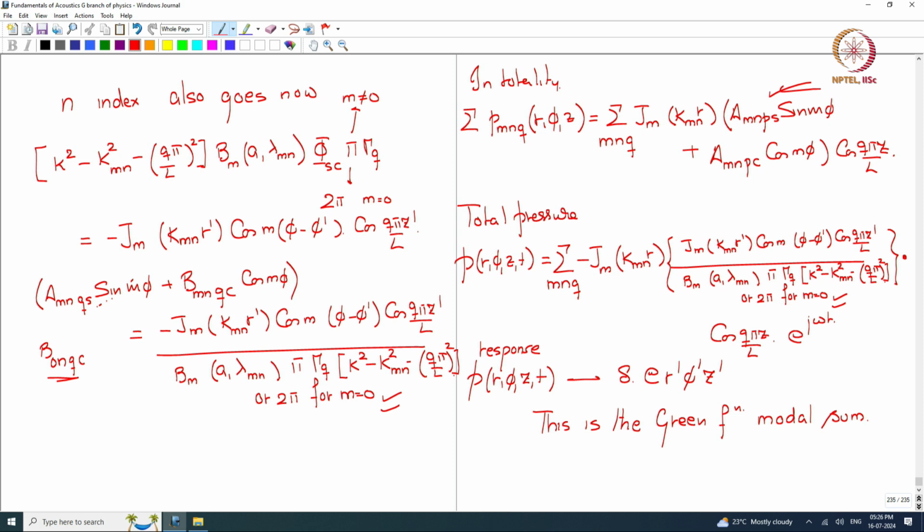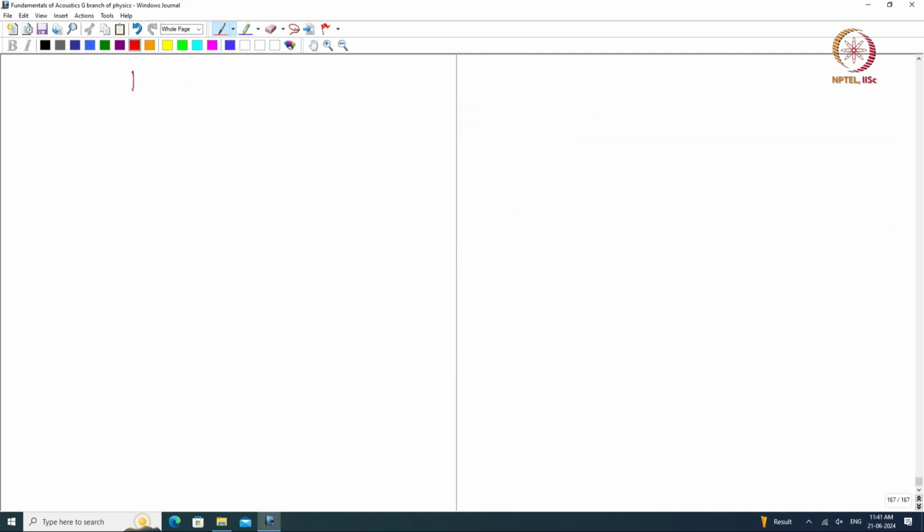Now, as I said before, in the KH integral for the interior case, we have P at a certain, let us say r′, given by an integral of G ∇P·n − P ∇G·n over the surface.